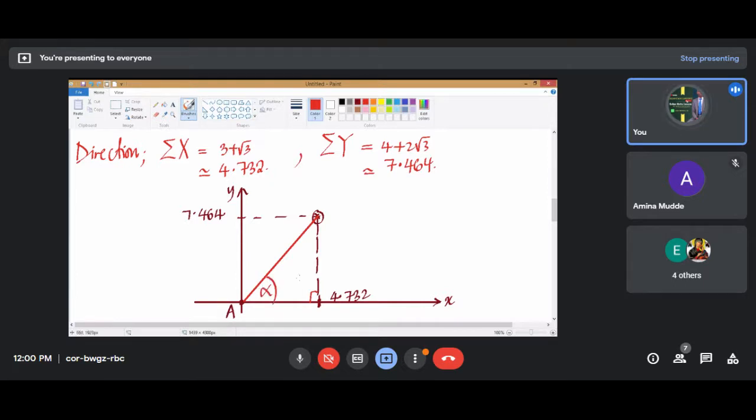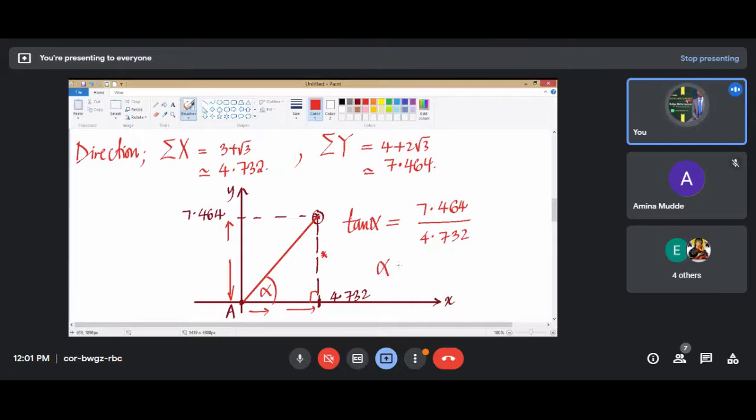We can use alpha here. The tan of alpha will equal the opposite, which is that vertical distance, 7.464. The adjacent is the summation of x, 4.732.